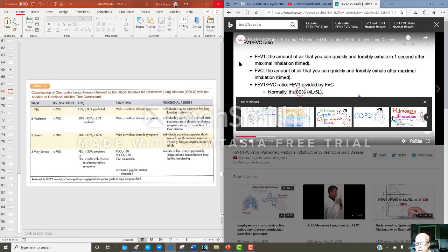FVC is the total amount of air that you can quickly and forcibly exhale after maximal inhalation. So FEV1 is timed: the amount of air that you can quickly and forcibly exhale in 1 second after you maximally inhale. FVC is the amount of air that you can quickly and forcibly exhale after maximal inhalation.